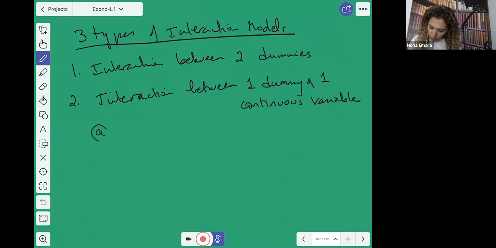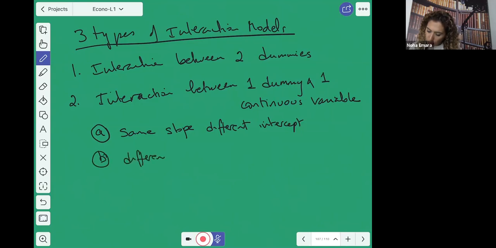The first case is, what if I have the same slope, different intercept? What if I have the opposite, different slope, same intercept?